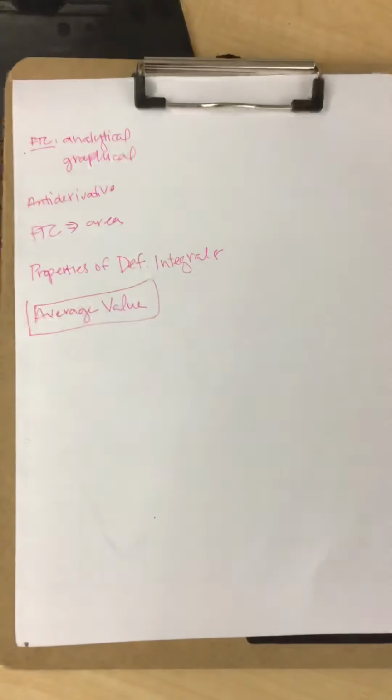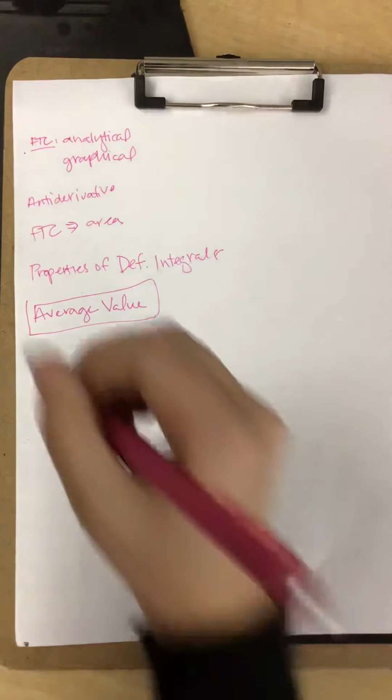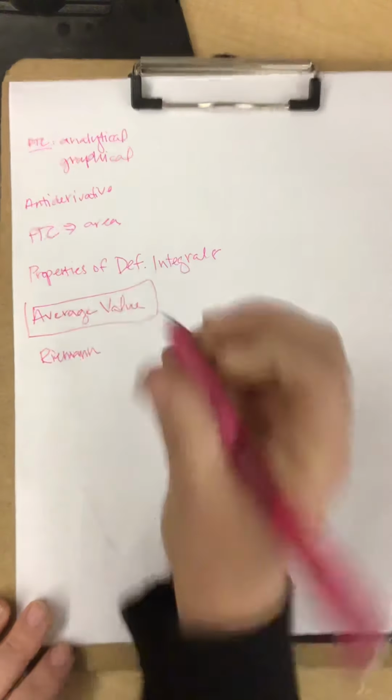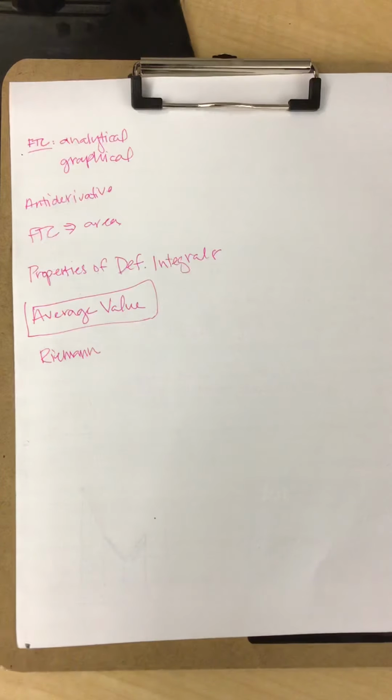So make sure you know how to do average value because that's going to show up even though it wasn't on the study guide. I have a word problem about the FTC. Or no, a Riemann sum problem, but in words. A particle motion problem.